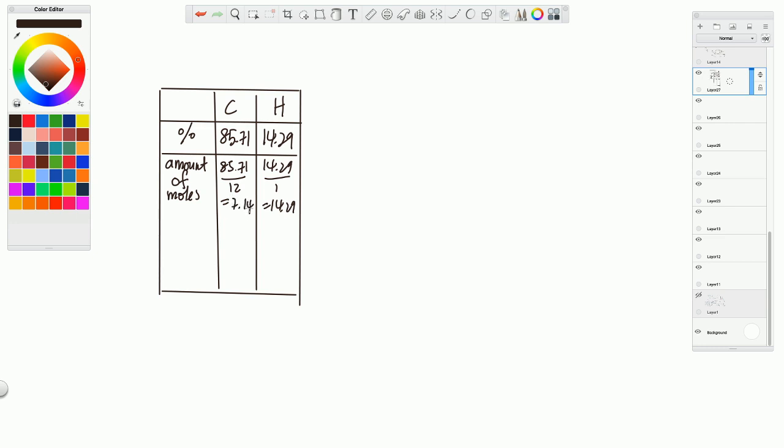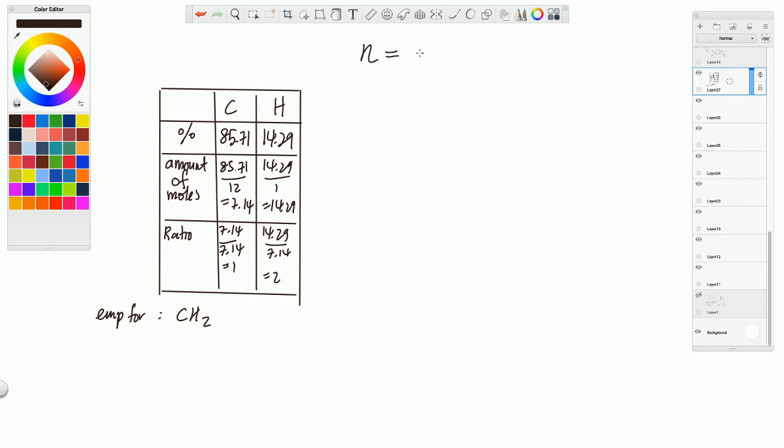Okay. Then you find the ratio. Okay, so divide by the smallest number. Okay, so empirical formula CH2.